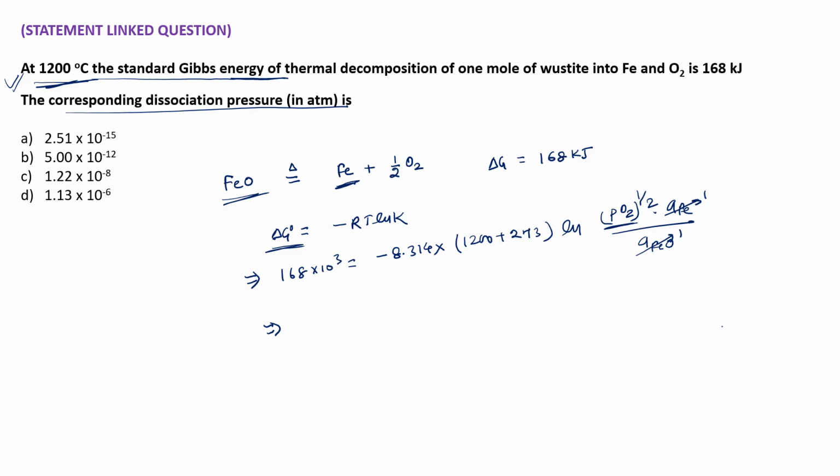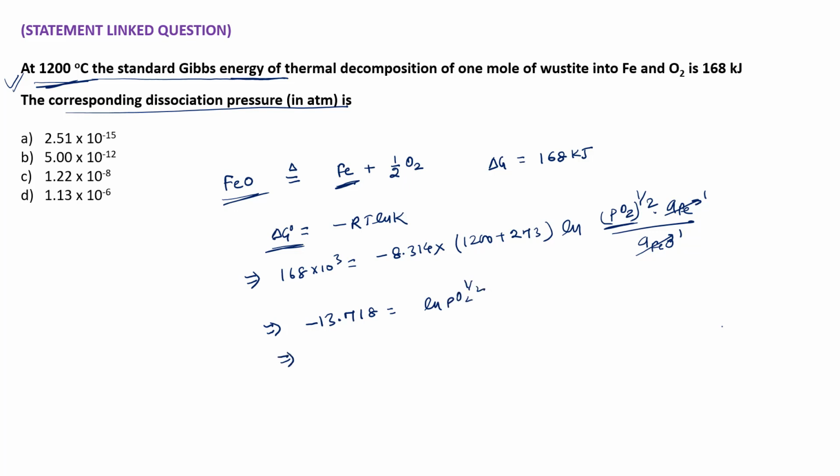It was minus 13.718 is equal to ln PO2 to power half.